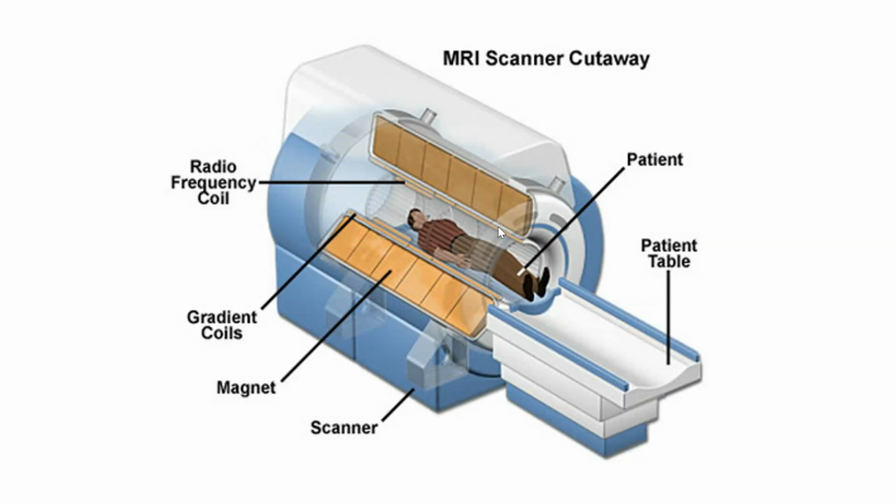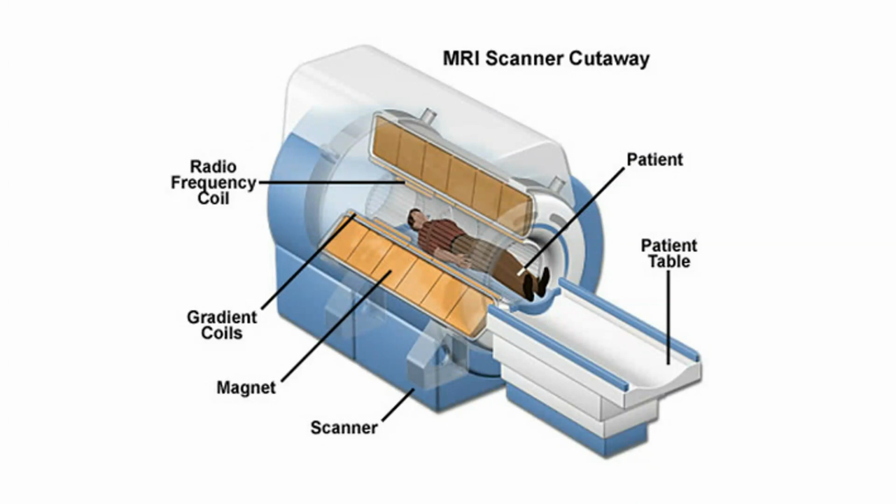Following that, we use radio waves. With these radio waves, it will help move the water molecules and have them go in the same speed or frequency as the magnetic field in the MRI machine.